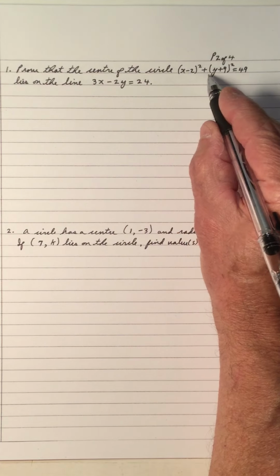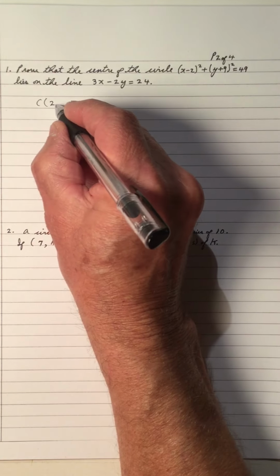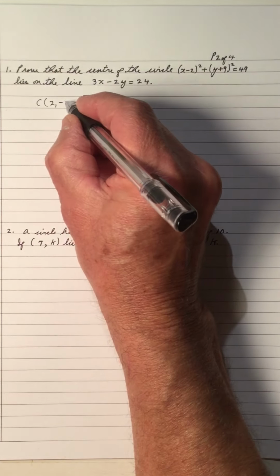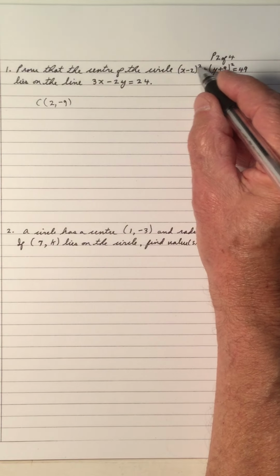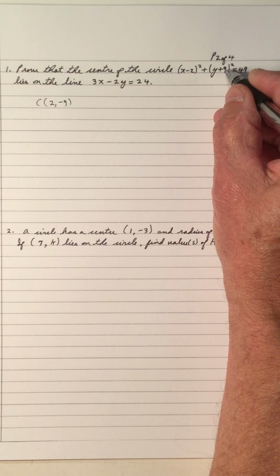The equation of the circle is right here, so that means the center of this circle is going to be (2, −9). This is the opposite of the −2 and the opposite of the +9.